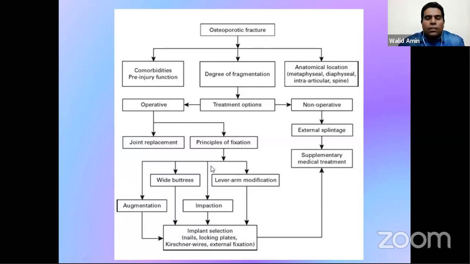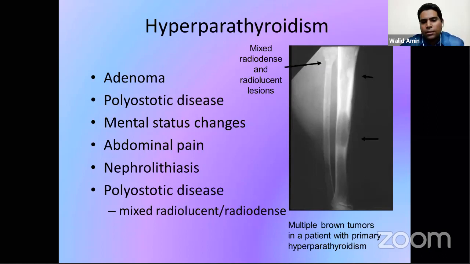The second cause we will mention for pathological fracture is hyperparathyroidism. Hyperparathyroidism can be primary, secondary, or tertiary. Mainly primary is due to adenoma, with polycystic disease, and there will be mental status change, abdominal pain, and nephrolithiasis. There are mixed radiolucent and radiodense opacities like we see in this X-ray.